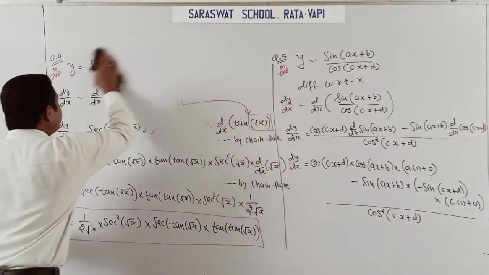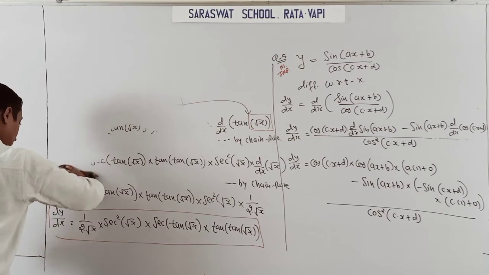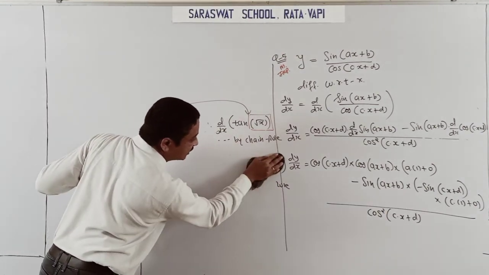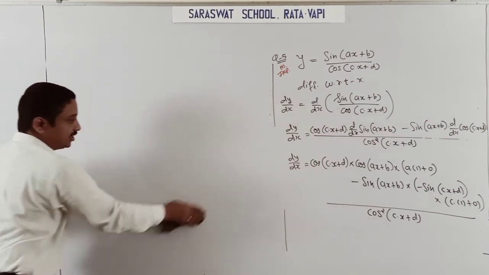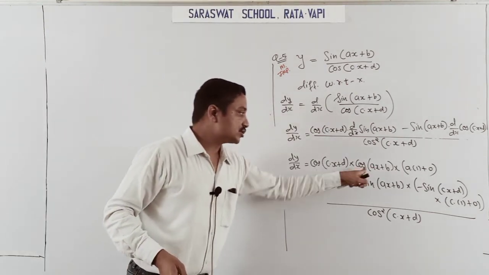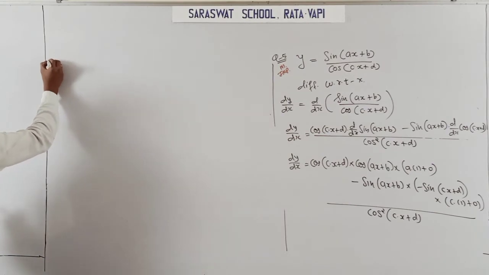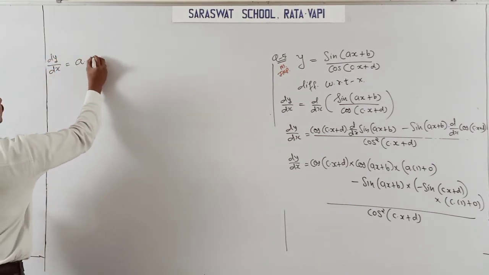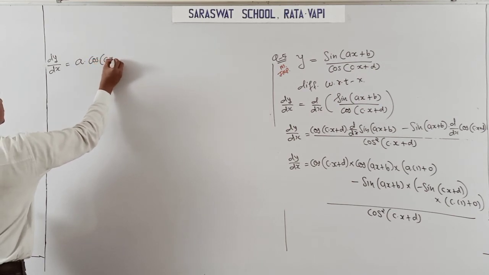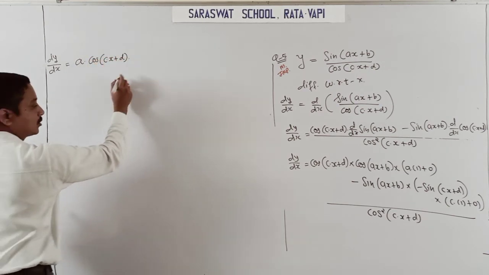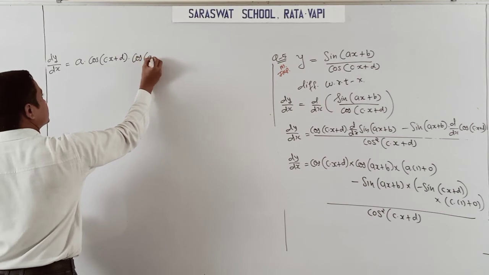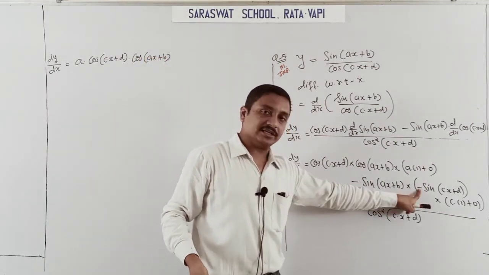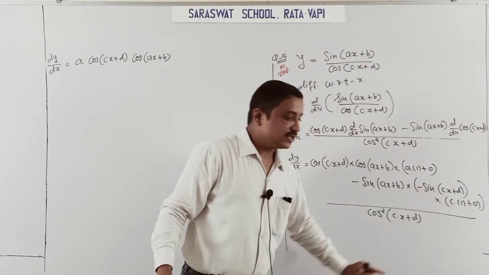Now I move ahead further. So finally, I just rearrange the terms according to my given values. Here, first of all, write down dy by dx equals a into cos(cx plus d) into cos(ax plus b). Then look at that, this minus and this minus, plus c as it is.